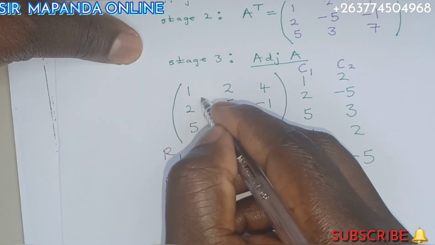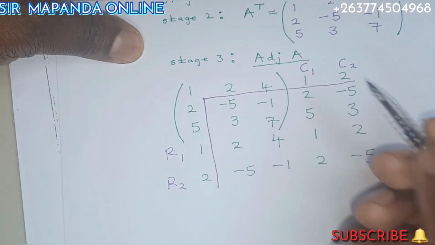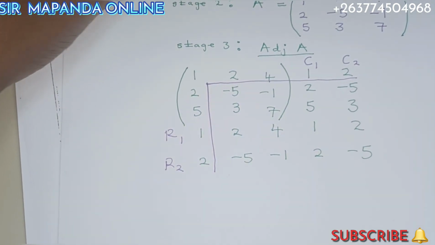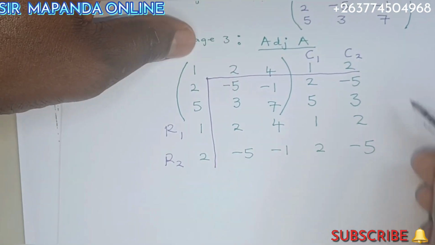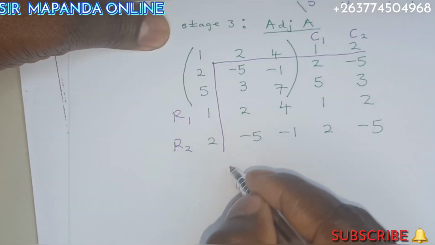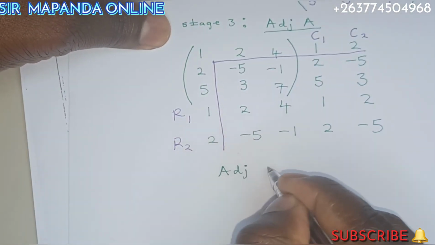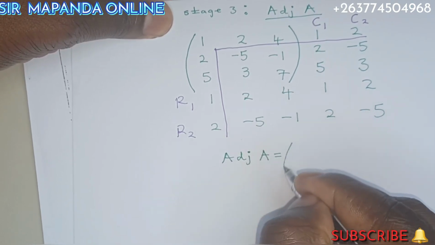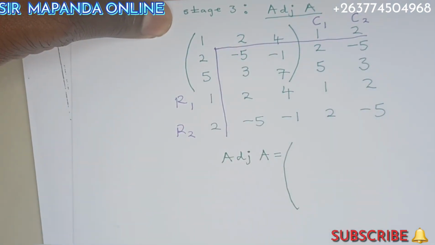Then after that, we are going to exclude the top row and the first column. So we are going to consider numbers under this line. I hope you are following. To find the adjoint, we now calculate the determinant of the 2 by 2 matrices that are going to be extracted under this box. I hope you are following.